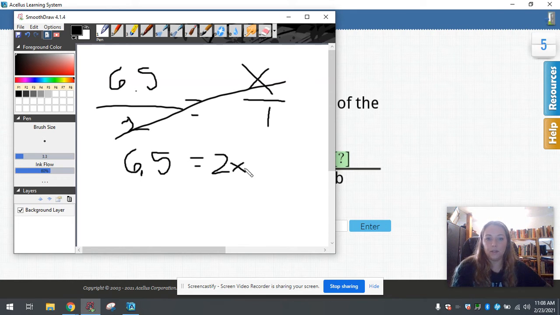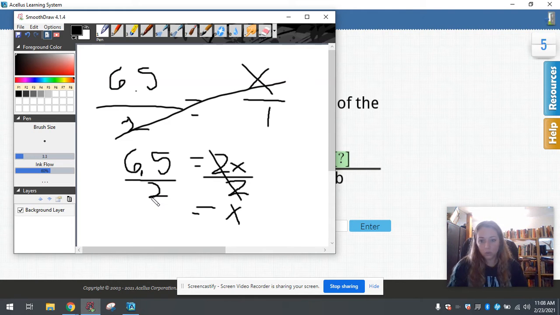I want to isolate the variable, get it by itself on one side of the equation so I know what it is. So in order to undo multiplication, I divide by the number that's attached to the variable, the 2. What I do to one side, I do to the other. Now I have x on this side equals 6.5 divided by 2, which I believe is 3.25.